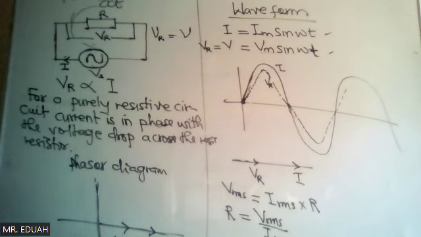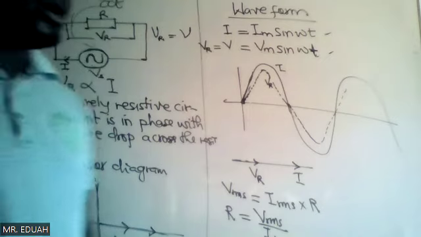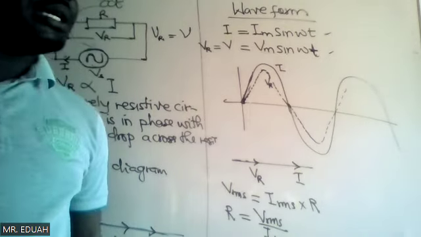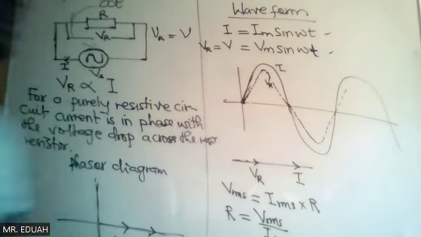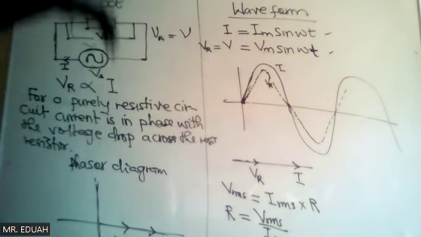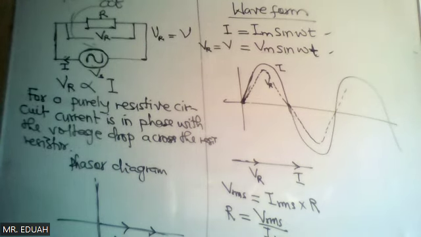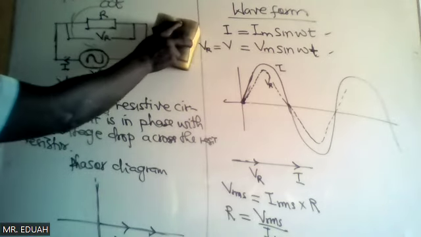So whenever you are to calculate maybe the ammeter reading or the voltmeter reading, don't forget it is the RMS value that is being required. If other quantities are given to you, maybe the peak value or instantaneous value, you need to express it in RMS value. That's what I mean.